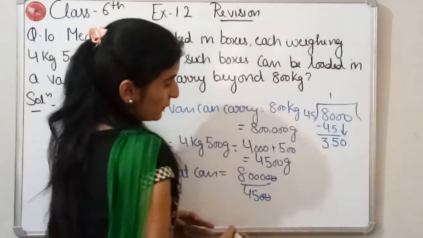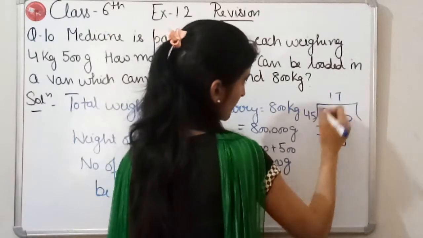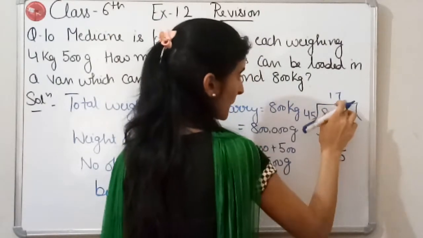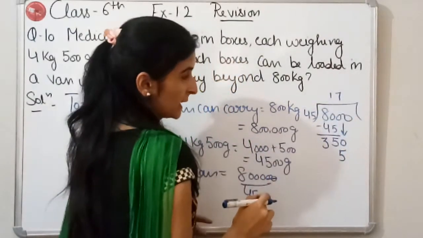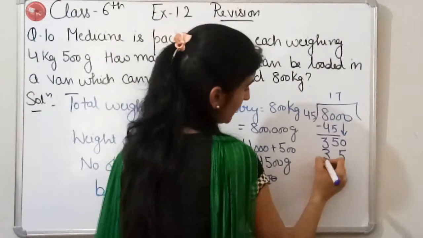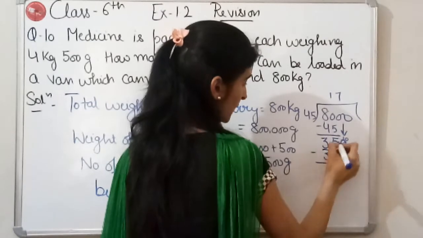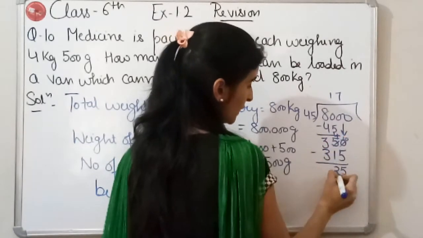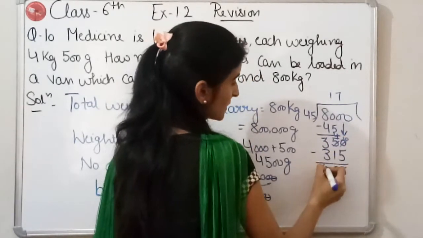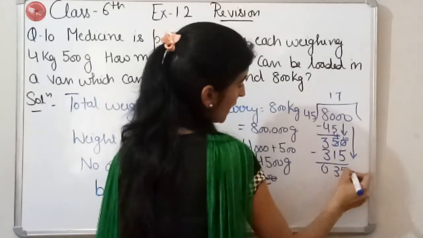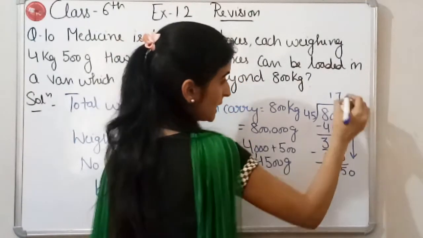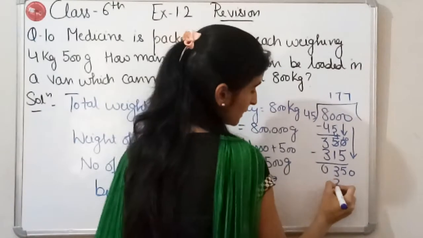Now 45 sevens: 7 fives are 35, 7 fours are 28, 28 and 3 is 31. 10 minus 5 is 5. 4 minus 1 is 3. 3 minus 3 is 0. Again we have got 350. Then again it will go on 7.